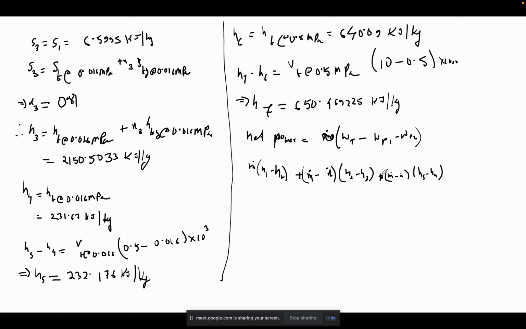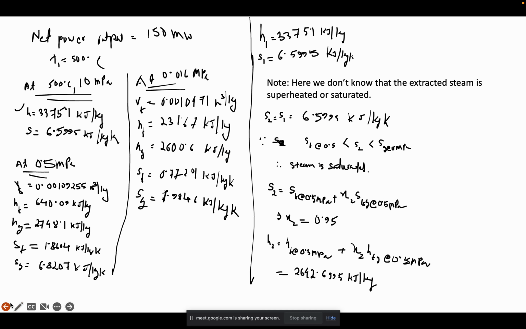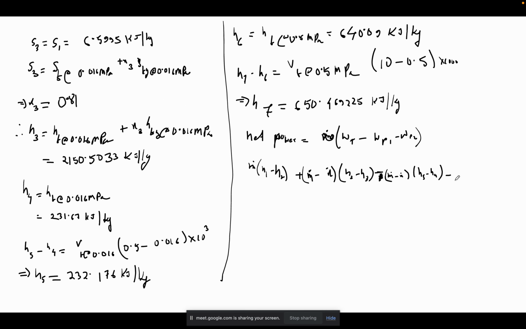Okay, so this will be negative, sorry, one more minus. Now in this second pump it will be m dot times (h7 minus h6), and this is equal to your net power.